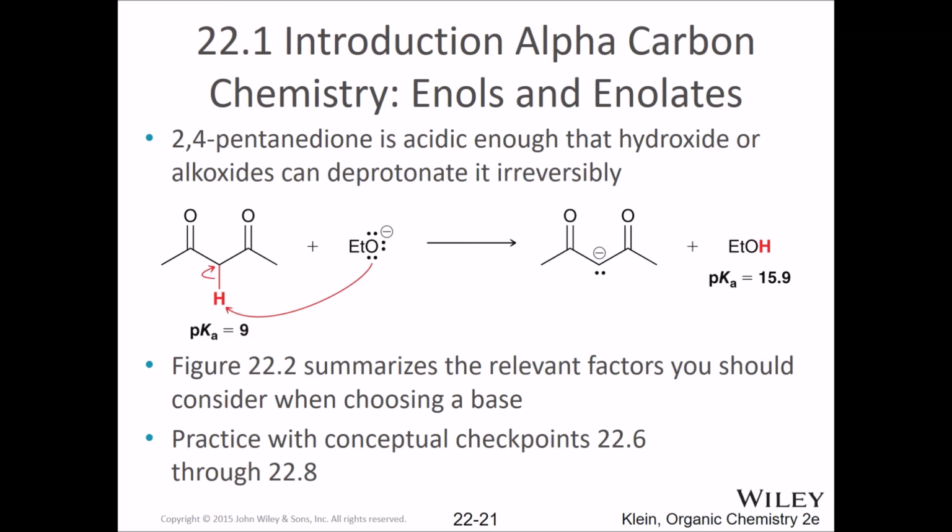The pKa over here is 9. It's 16 over here. It's 10 million times more acidic. If it was the same, we would draw it like that, right? If this was more acidic, we would draw it like that. But if it's 10 million times more acidic, we simply say, all right, you're not going to get an equilibrium here. It's going to be irreversible.